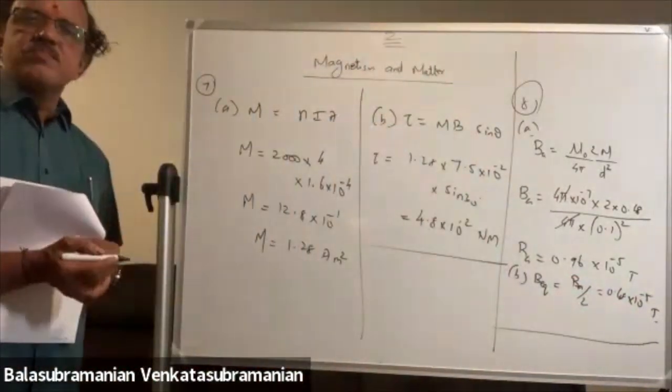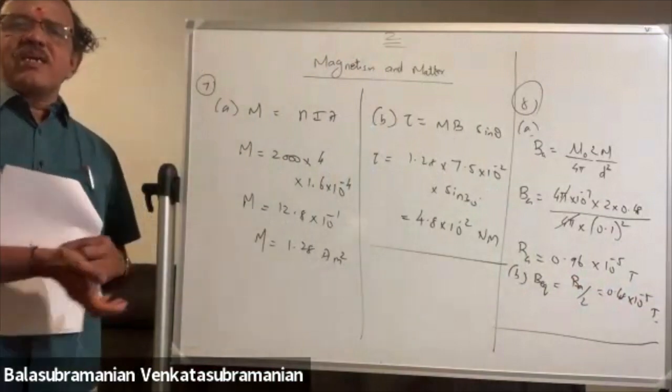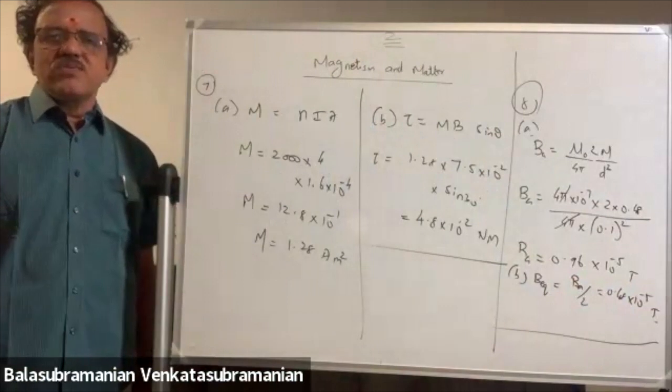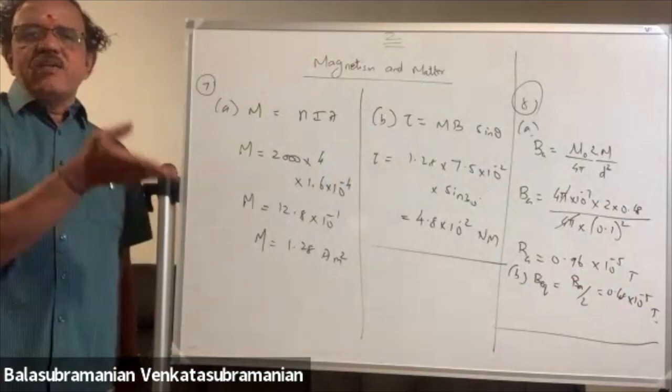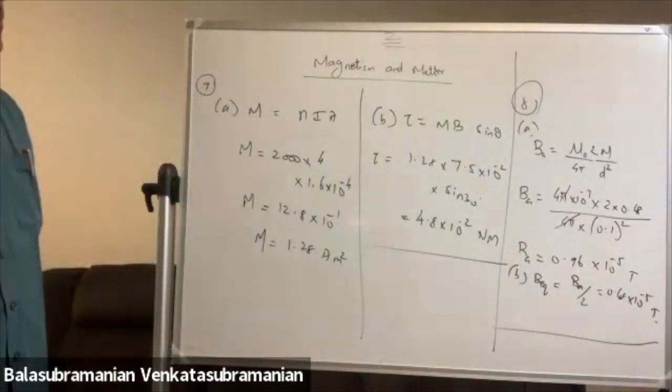If only the equatorial line is asked, you can write the formula mu naught by 4 pi m by d cube and then substitute. Since we have calculated the axial line value, we need not do it again. We can simply divide by 2. This is the 8th problem.